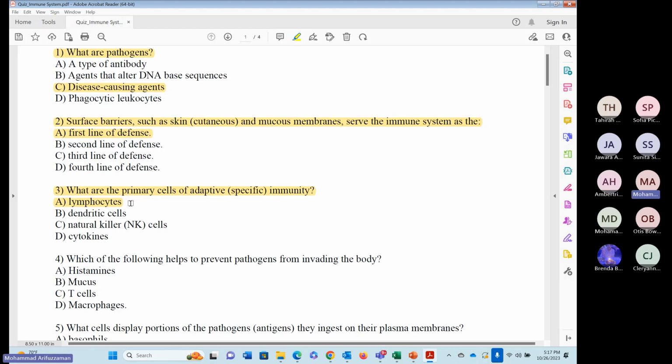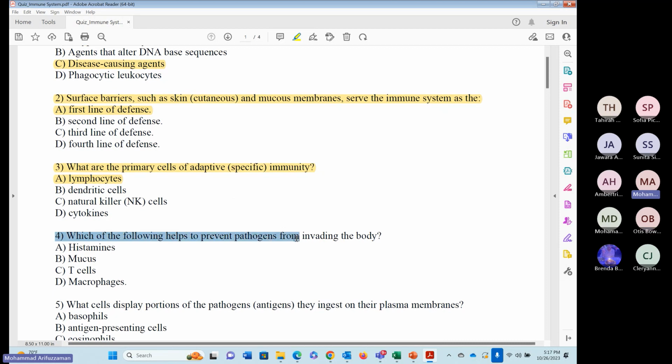T lymphocytes mature and derive from the thymus, and B lymphocyte maturation takes place within the red bone marrow. The natural killer cells are a component of innate immunity. Yes, okay.